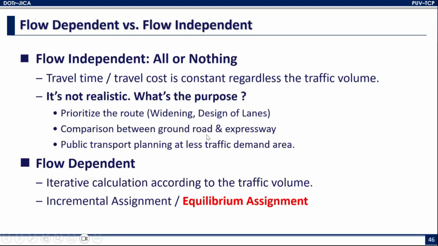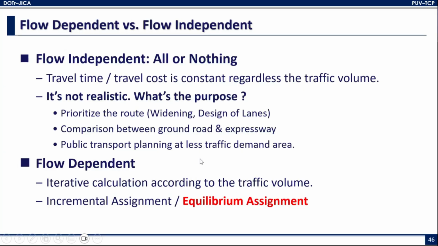And of course, the travel time also changes according to the traffic volume. If the traffic congestion is very huge, the person might change the pathway. So the demand assignment, all or nothing, is not realistic.